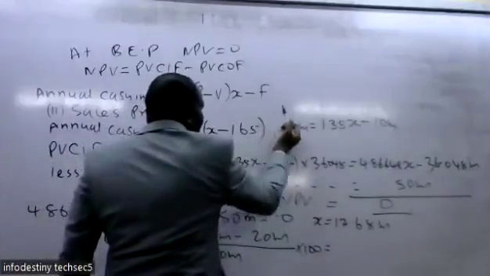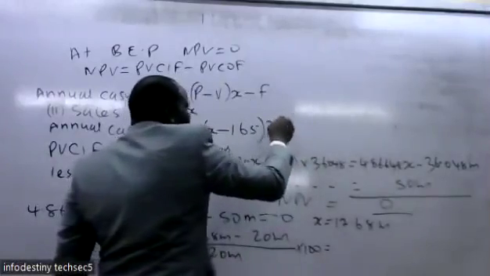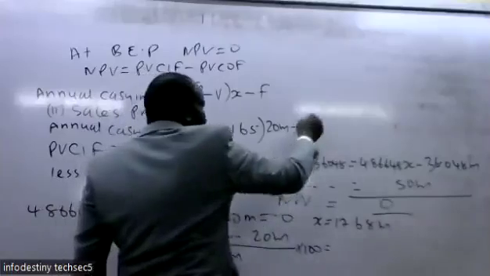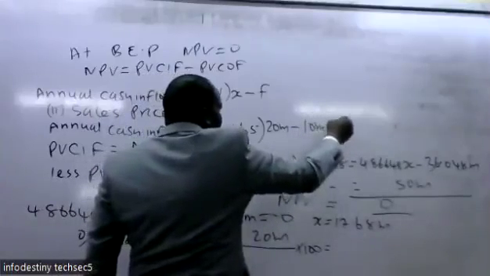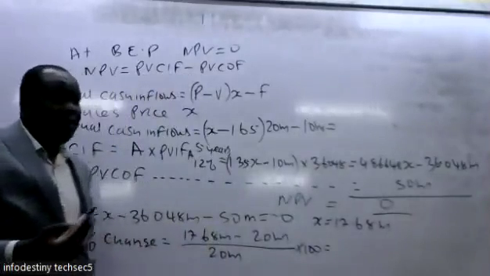So the sales volume will go back. Initially it was 20 million. Then we subtract the fixed cost, which was 10 million, so that we now get our annual cash inflows.